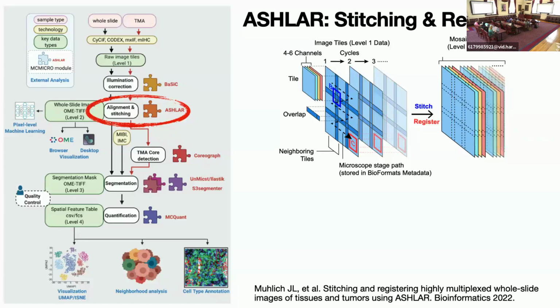In the blue grid there, you can see a representative DNA channel, tiled, so you have a 3 by 3 grid of tiles taken across a sample, say a small sample, and they overlap in the dark blue regions. That's the area that you would use to align neighboring tiles to produce an aligned image. And then there are multiple cycles of imaging.